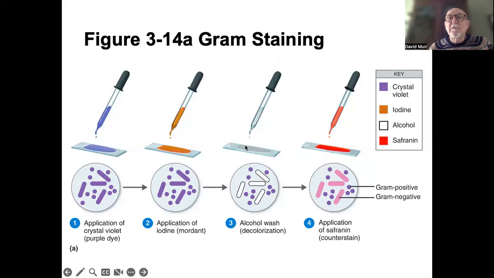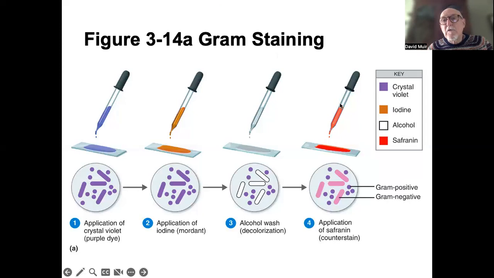But when we rinse with the alcohol, the crystal violet rinses out from the gram-negatives only, and it leaves them colorless. Now, if you were to go and look at this slide at this stage, you would find it very difficult to see the gram-negative bacteria because they'd be completely colorless. There's nothing there for you to look at.